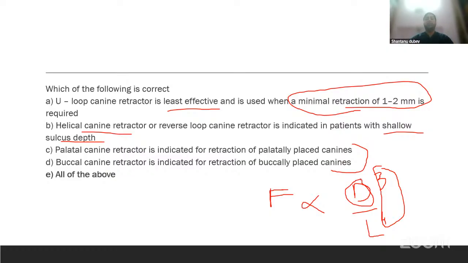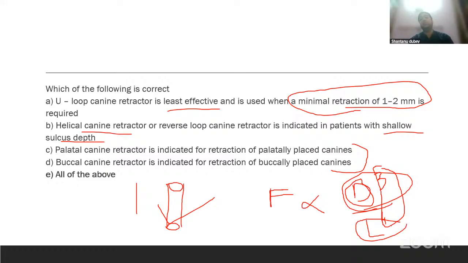How much force will it apply? Which wire do you think will apply more force? All of you will say, okay sir, the thicker wire. Absolutely correct. So D is the numerator, and L automatically becomes the denominator. So force is inversely proportional to L. The more the length of the wire, the lesser is the force.